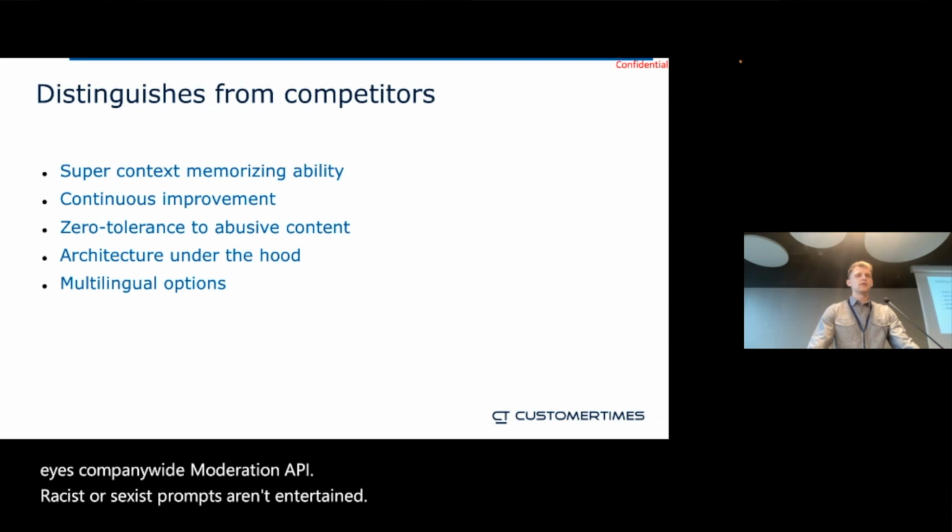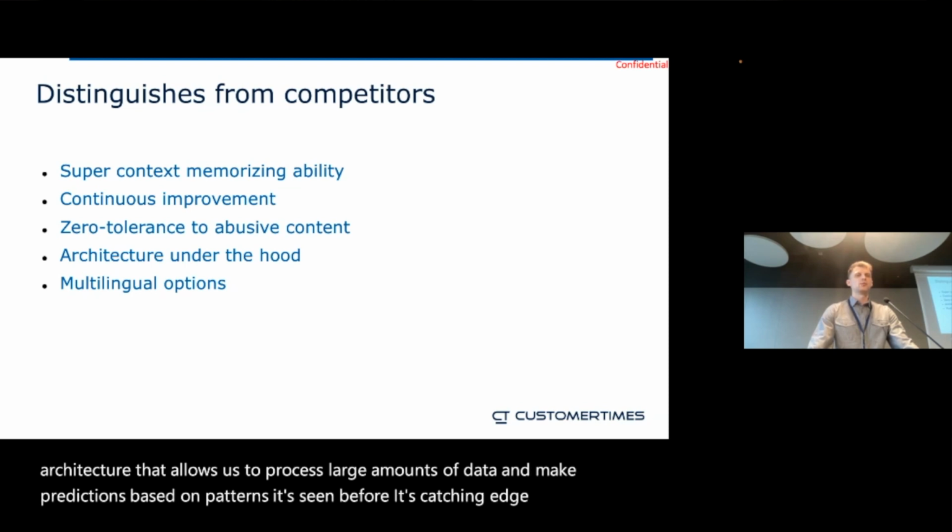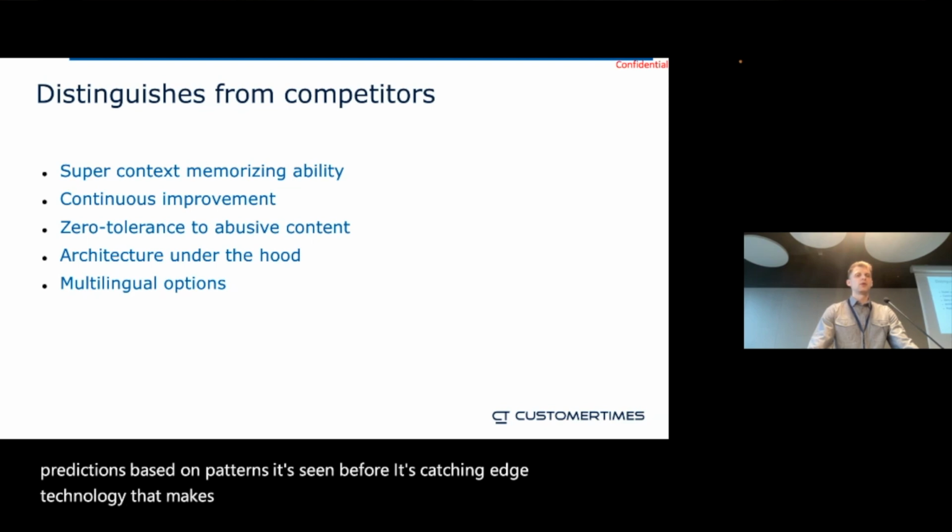In terms of its development, ChatGPT uses transformer architecture. It's a neural network architecture that allows it to process large amounts of data and make predictions based on patterns it's seen before. It's cutting-edge technology that makes ChatGPT a powerful and efficient tool.